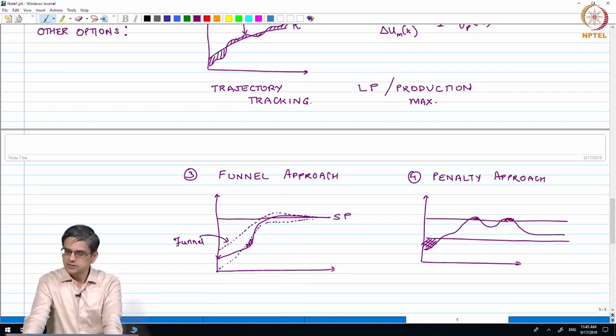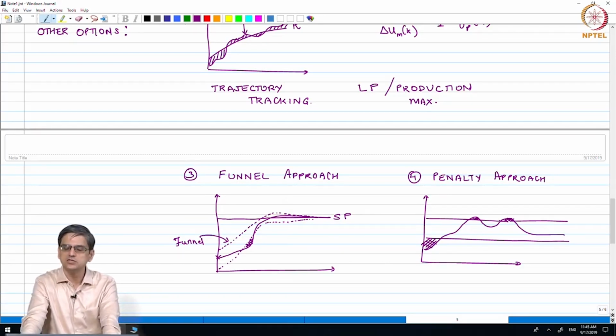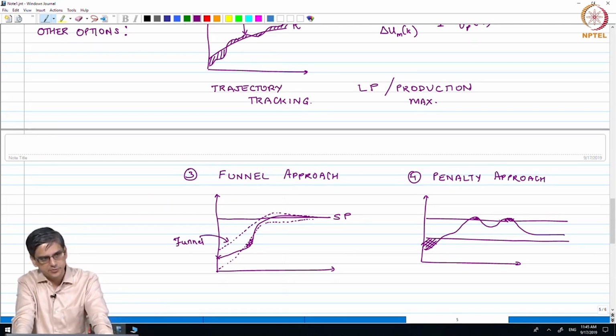Set point tracking and this penalty approach are typically more common in continuous systems. Trajectory tracking is common in semi-batch type of systems. For example, when I was working for one of the companies, one of the products that we had used the penalty approach.